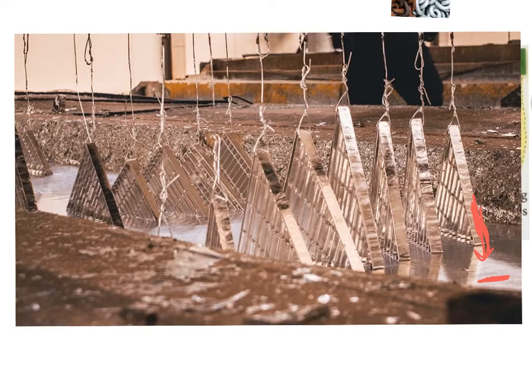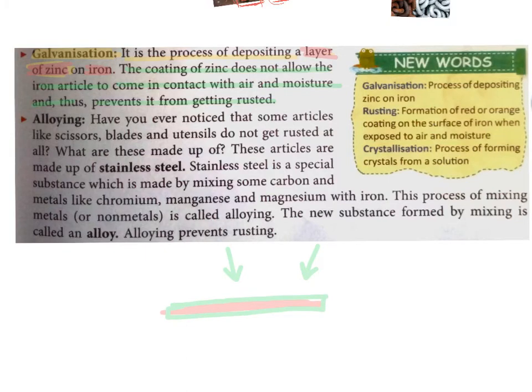Children, actually zinc is more reactive than iron. That's why it reacts before iron, or you can say it sacrifices itself before rusting of iron. So it prevents iron from rusting. Let's see the definition of galvanization in new words. Galvanization, process of depositing zinc on iron.